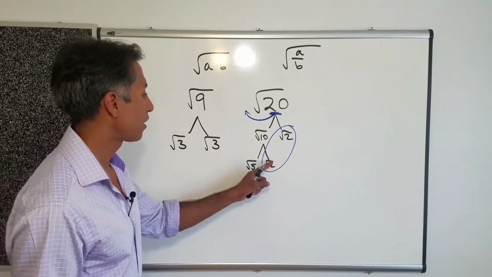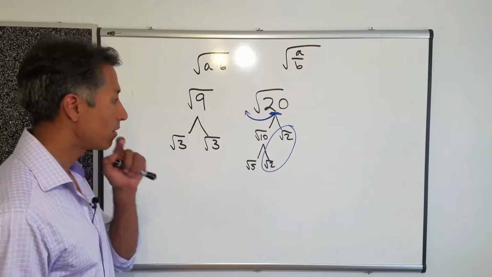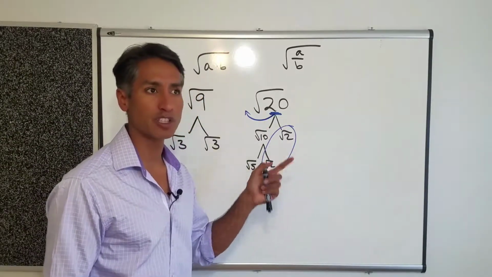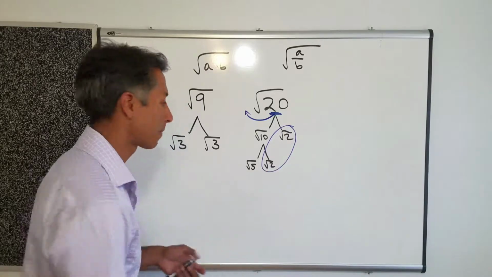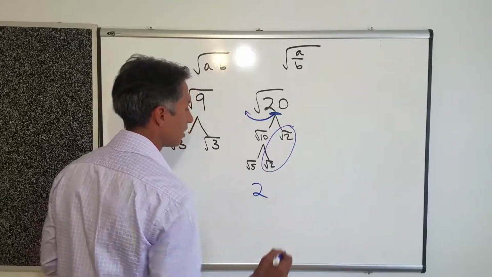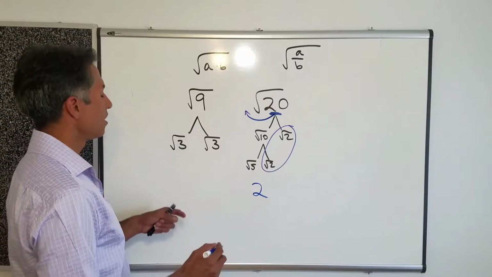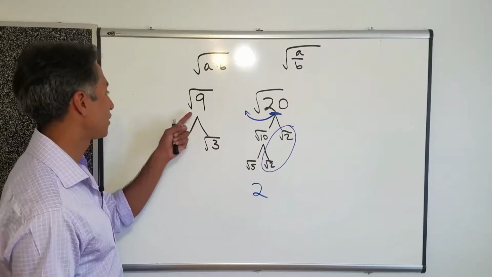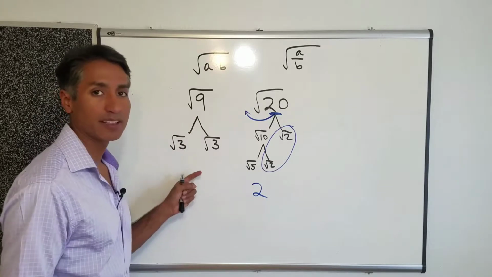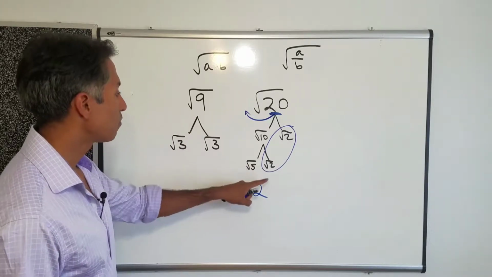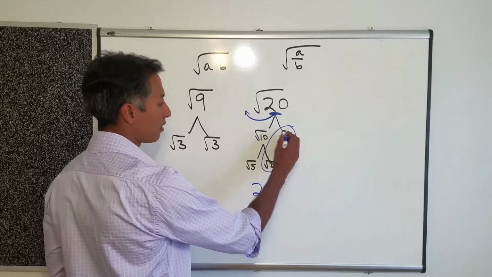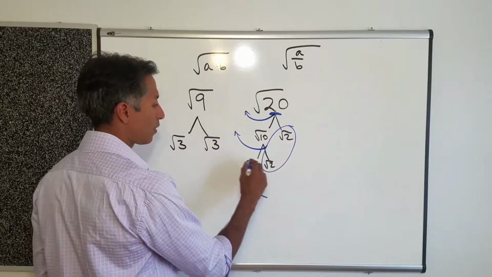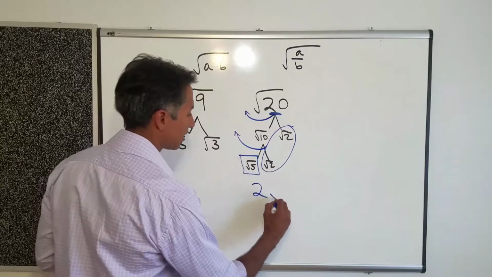Because I have square root of 2 and the square root of 2, well, if I multiply those, what is the square root of 2 times the square root of 2? It's just 2, right? Kind of like here. The square root of 3 times the square root of 3 is just 3. And we know the answer, the square root of 9, is 3. So it works. But you pull out your doubles. And when I say pull them out, I mean pull them out from underneath the square root sign. Okay? And whatever's left here just stays.